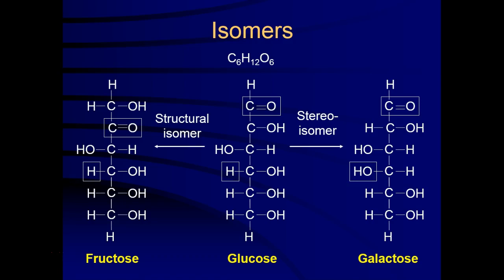So molecules that have the same molecular formula but different structures are called isomers. Iso means equal, and mer means part. So equal parts, same molecular formula, but different structures. And that makes all the difference. So among the hexose monosaccharides we've talked about, all three are isomers of each other.